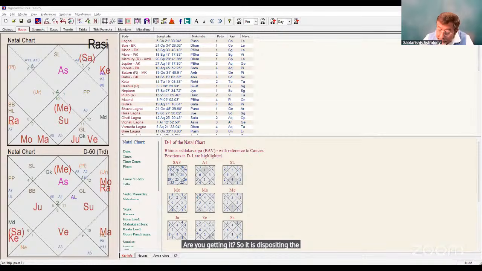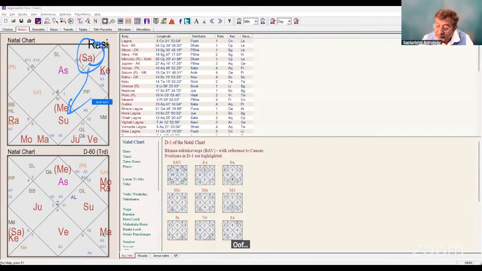Why? Dispositor of 12th is here, and Saturn retrograde, everybody. Are you getting it? So it is dispositing the energy of. So quickly if we go to Saturn, it is at 19.3, correct?